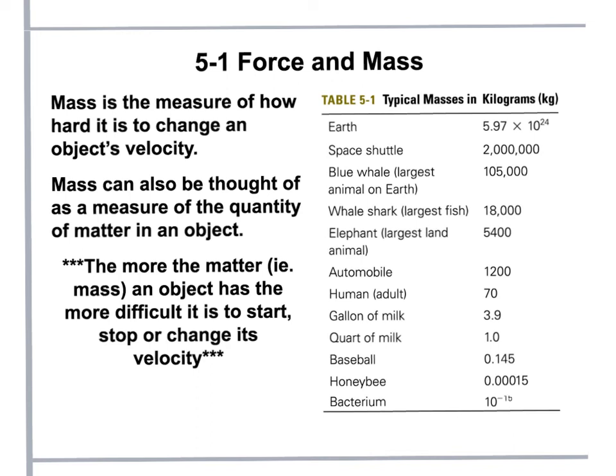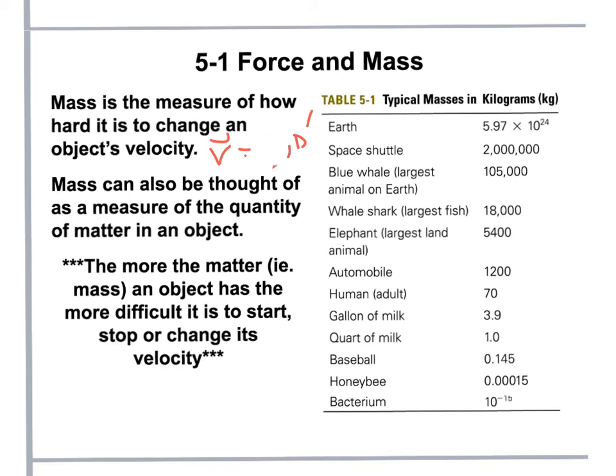So when we say it's a measure of how hard it is to change the object's velocity instead of speed, we want to remember again that velocity is a vector, so it has a magnitude and it has a direction. So mass is a measure of how hard it is to change either the magnitude, that's going to be our speed, or the direction. I should put that as speed, not an m.